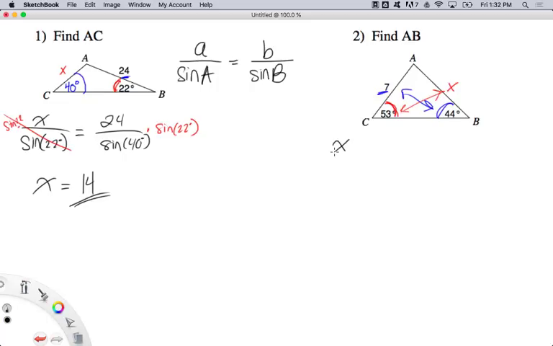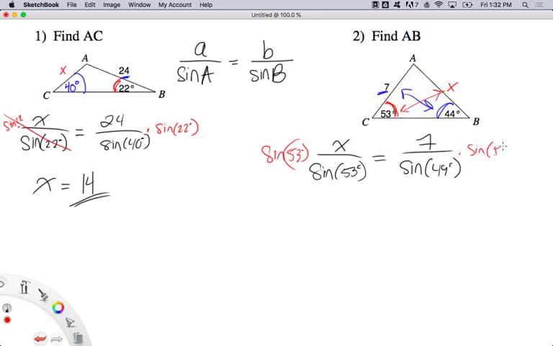I do the side, x, over the sine of the angle, equals the side, 7, over the sine of 44 degrees. Multiply both sides by sine of 53. Cancels that out.